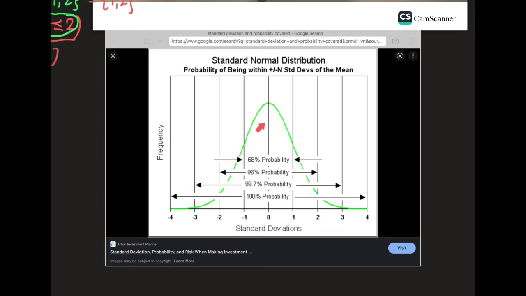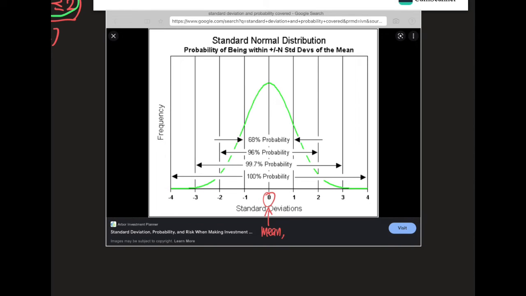If you move one standard deviation away from the mean, I labeled it so that you can understand more. The mean is here. Normally we use mu for the mean; mu is a u with one stroke in front.